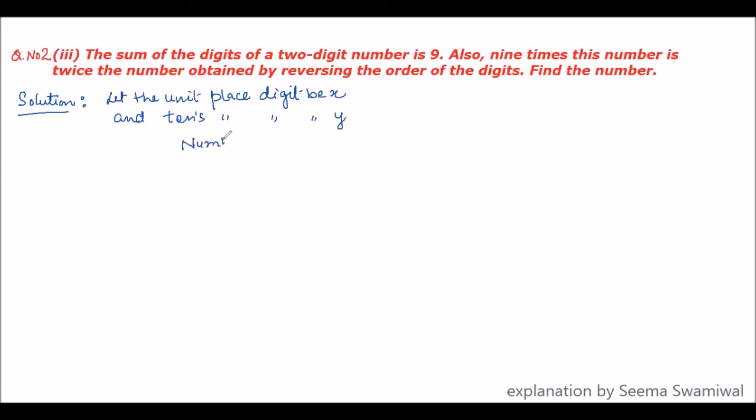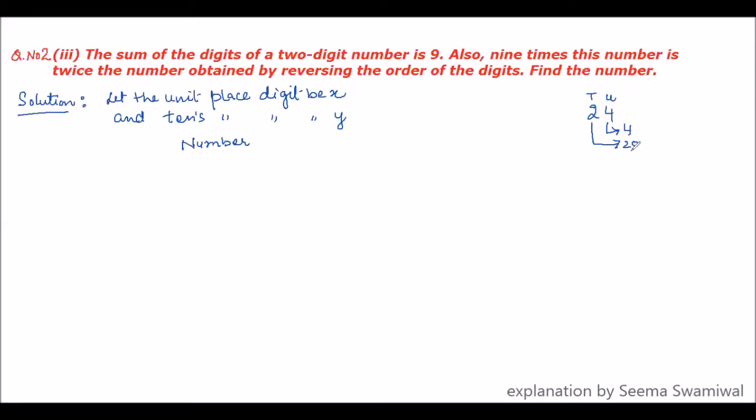Children, suppose you have a number 24. You must have learned place value in your junior classes. So here the place value of 4 is 4. And what is the place value of 2? That is 20. So that means the unit place digit is 4 and the tens place digit is 2.